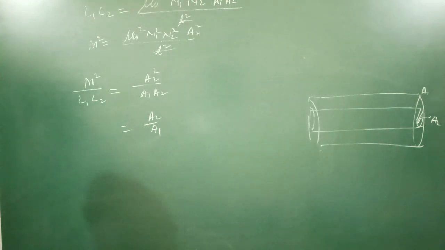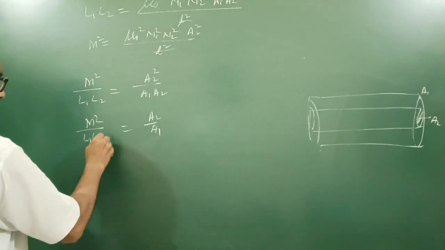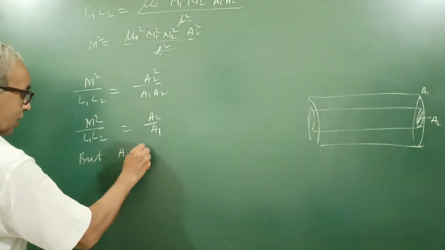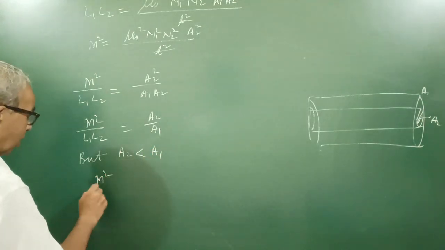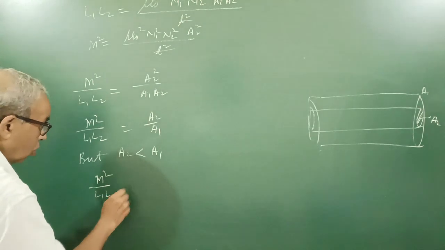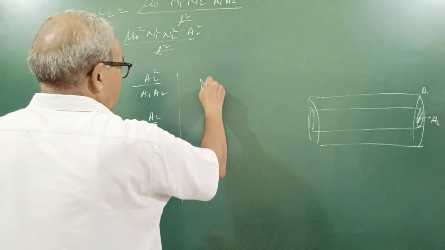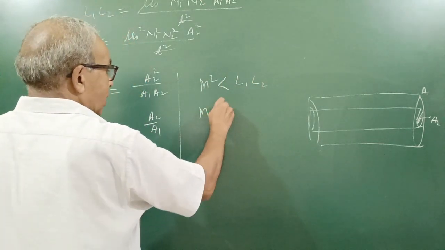So M square upon L1 L2 equals A2 upon A1. But A2 is less than A1, so M square upon L1 L2 is less than 1, or M square is less than L1 L2, or M is less than under root L1 L2.